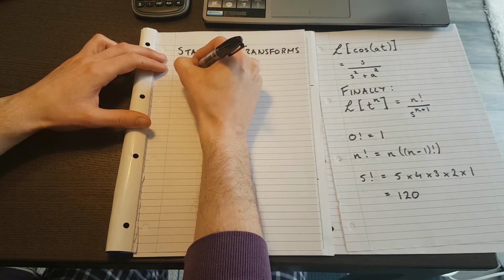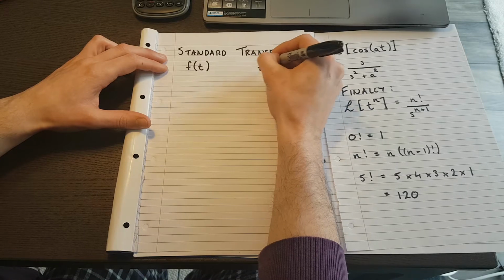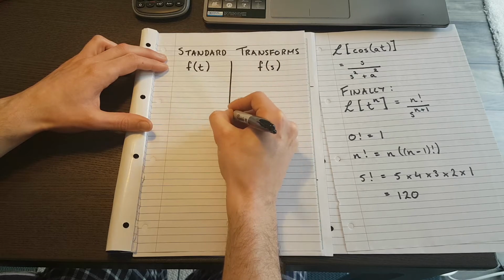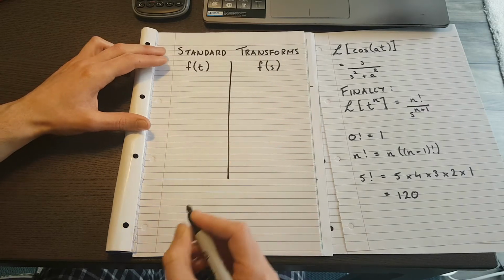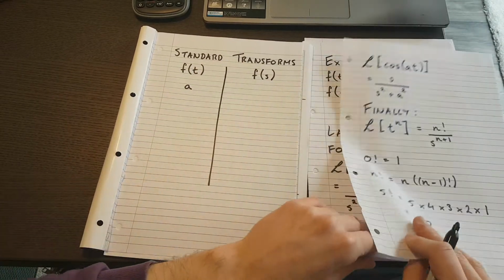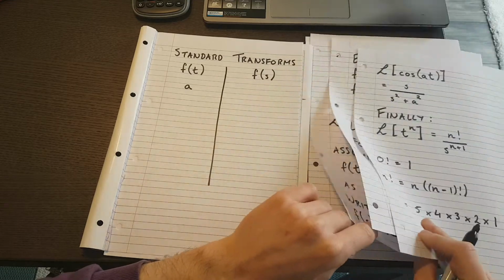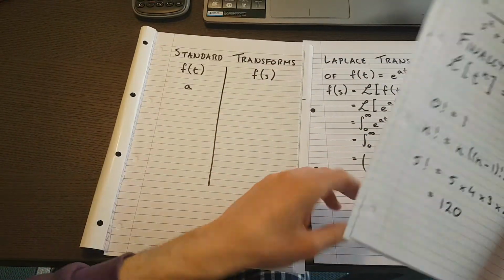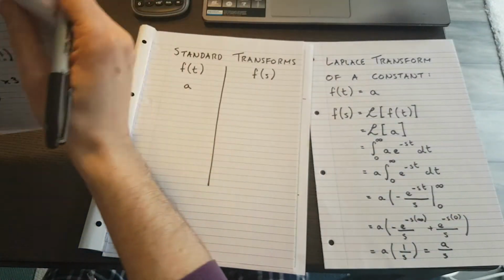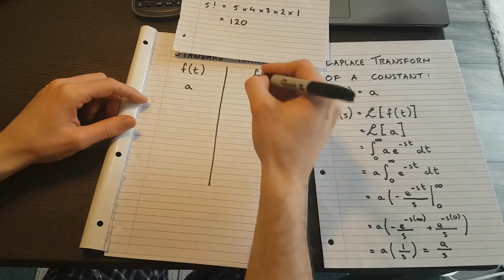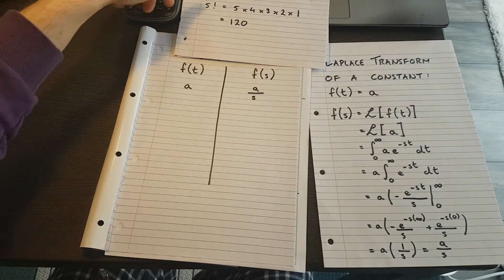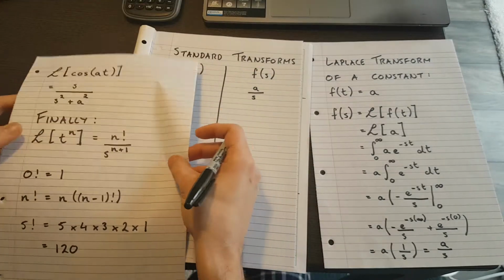We'll call this side here f of t, and this side here will be F of s. If we had a constant, we saw when we did our very first example in the previous video, that if we had A, the Laplace transform was A over s. That was the simplest example.